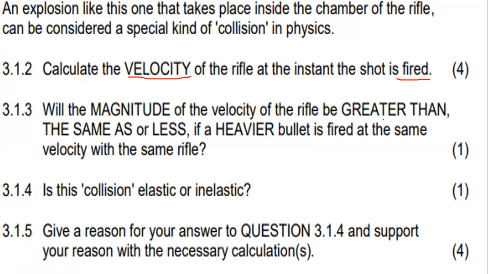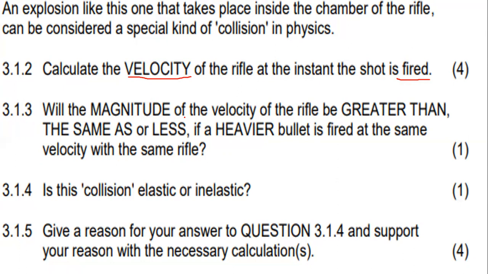Now, definitely, we know that this particular collision is inelastic because the total kinetic energy before the collision will not be equal to the total kinetic energy after the collision. Why are we saying that? Remember, before the collision or before the firing, both the rifle as well as the bullet were stationary.